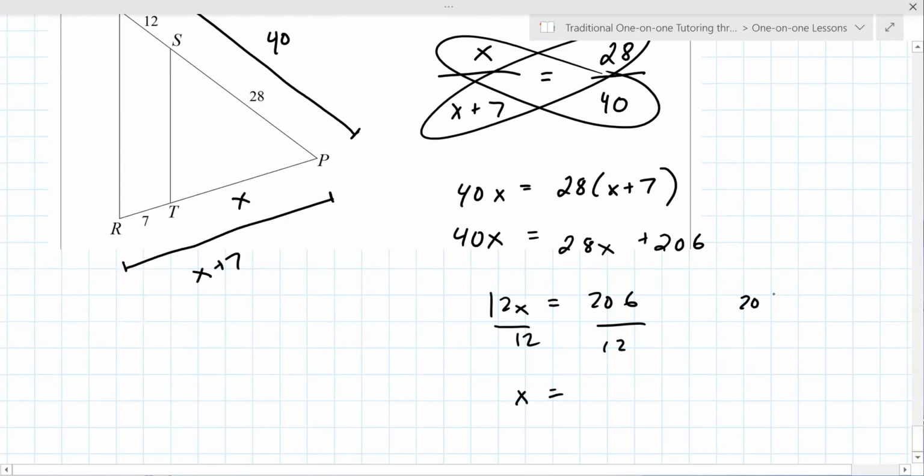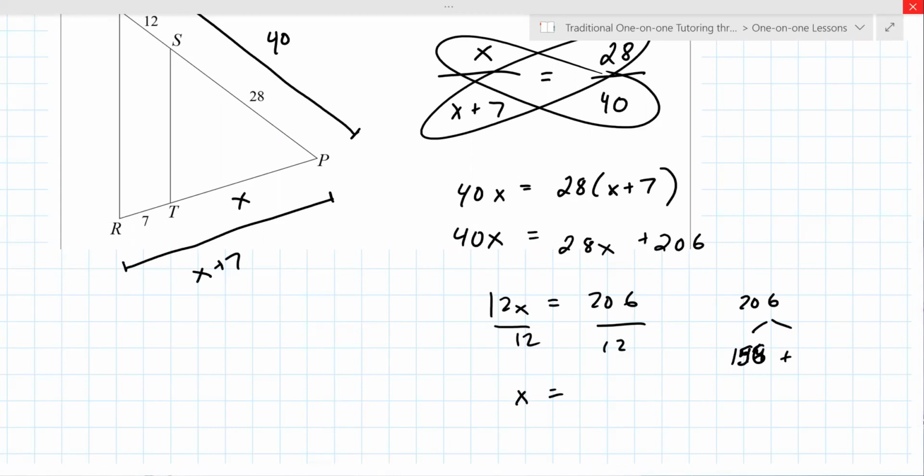so like 206 is really, I don't know, 144. Actually, it's 156 plus. You get 17.16. So it doesn't work out exactly. It doesn't look like it works out.